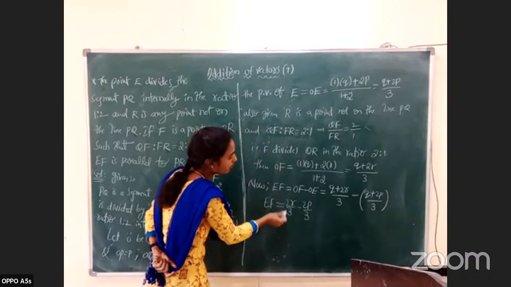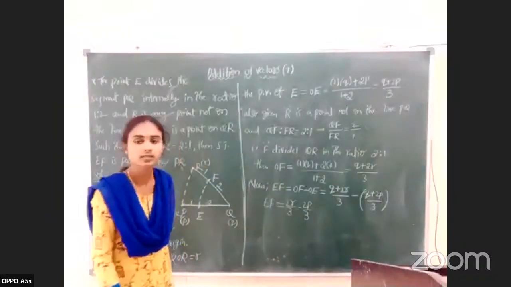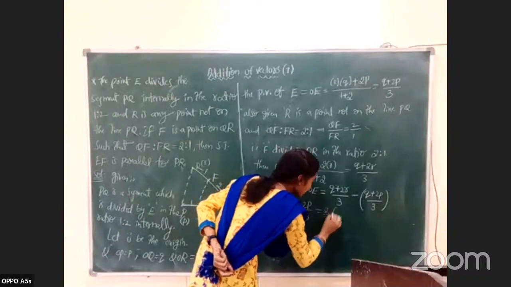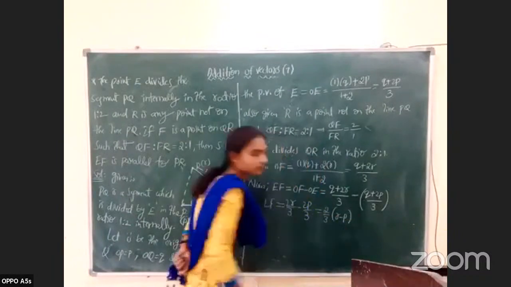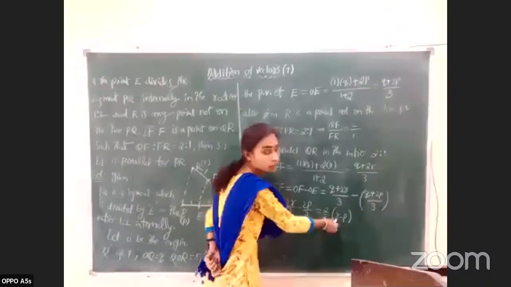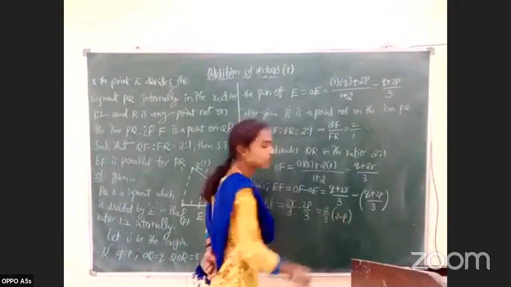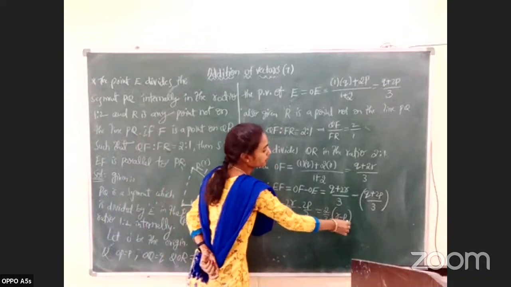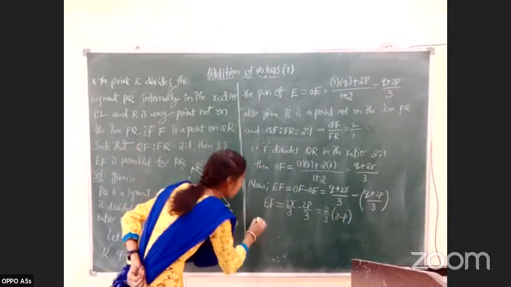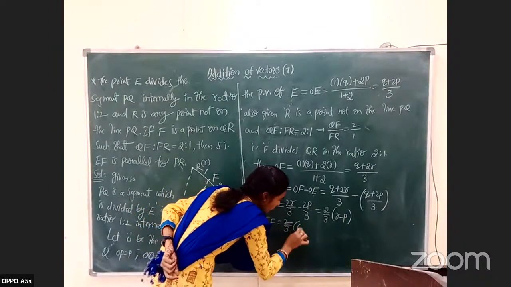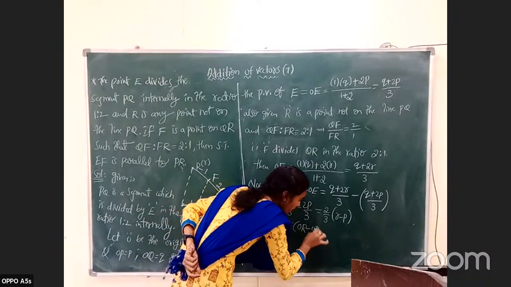Here we can take 2 by 3 common, so 2 by 3 into (R minus P), where R is the position vector of R and P is the position vector of P, meaning R is OR and P is OP. So EF is equal to 2 by 3 into (OR minus OP).